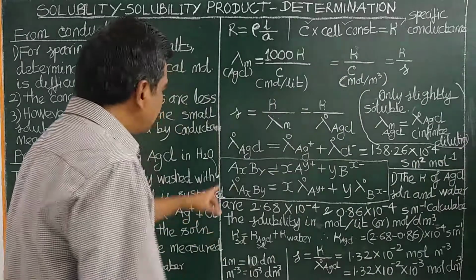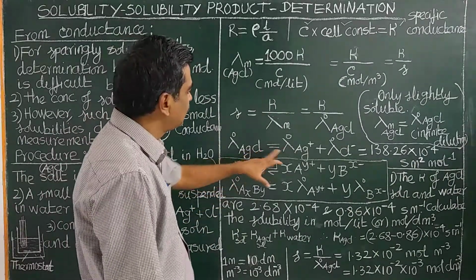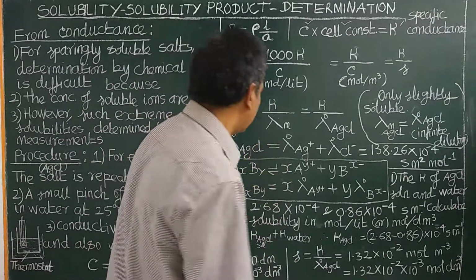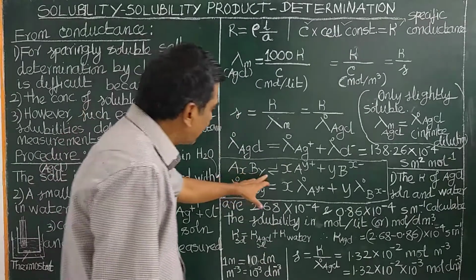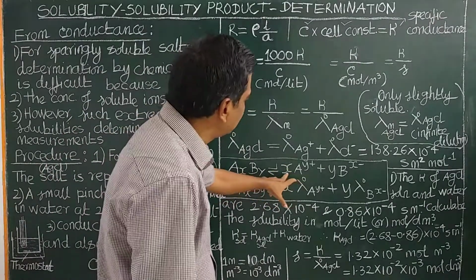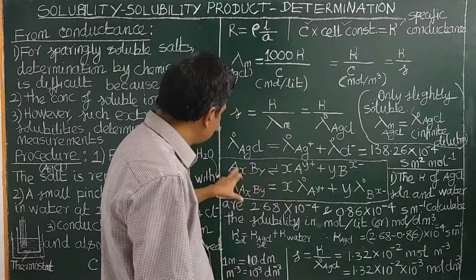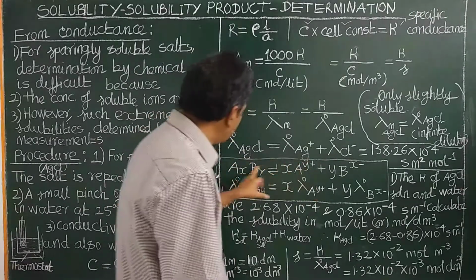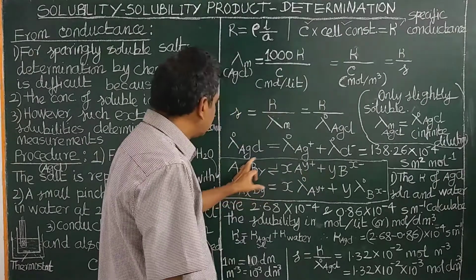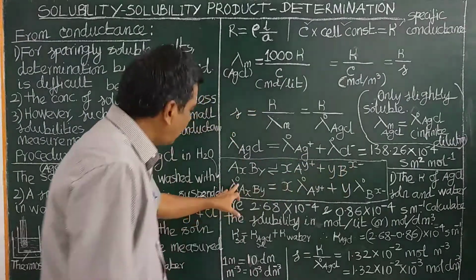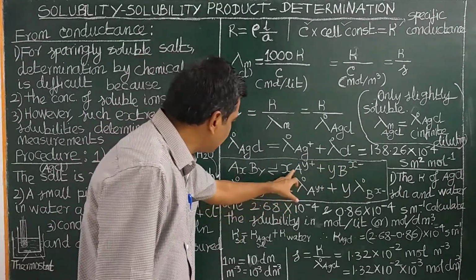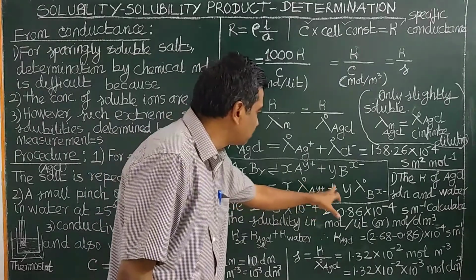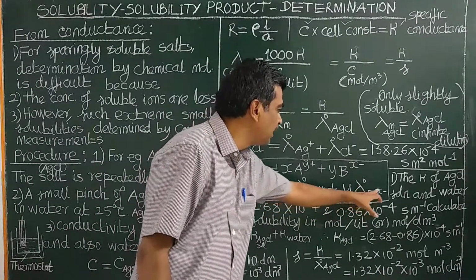Now in general, this is for univalent ions. AxBy is in equilibrium with x Ay plus and y Bx minus, and lambda naught AxBy equals x lambda naught Ay plus plus y lambda naught Bx minus.